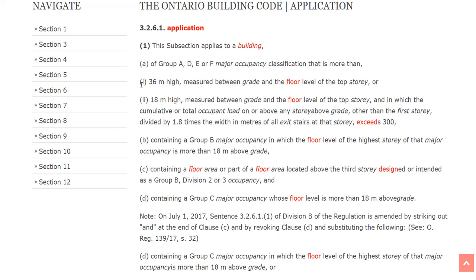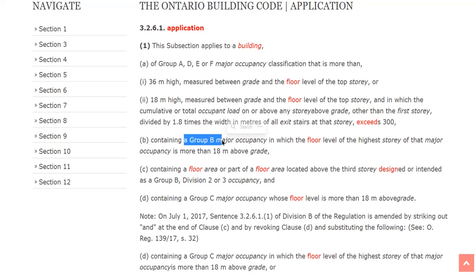If you look at 3.2.6.1, if you look at 1A to I, 18 meters high, measured between grade and the floor level of the top story, sorry, that is wrong. Let's go to B. Contain a Group B major occupancy in which the floor level of the highest story of the major occupancy is more than 18 meters above grade.